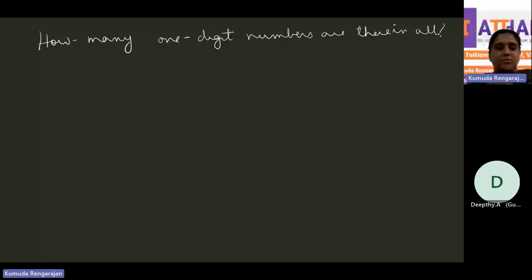The largest 6-digit number is 999999. The smallest 6-digit number is 1 followed by 5 zeros. So what is the difference? 999998, hmm, that is the difference.